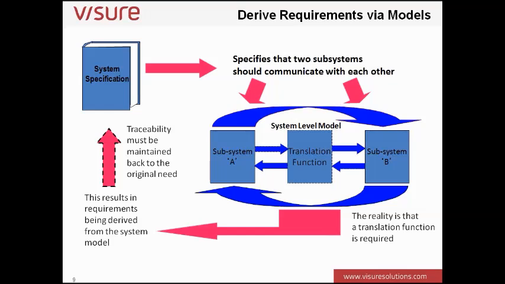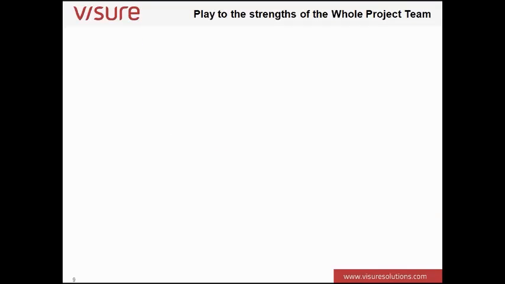And out of that handshaking, we can start to derive those lower level requirements using your system model, and then link those back up into the original system specification, ensuring that you end up with a complete and documented account of how those two subsystems are now going to interwork with each other. And that's the power of modeling.